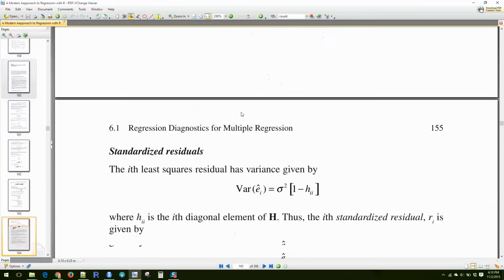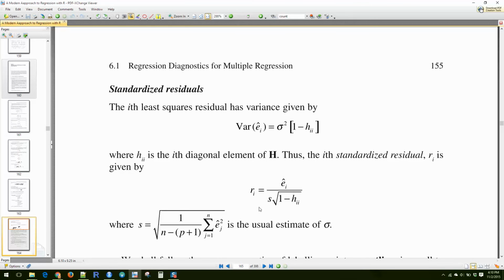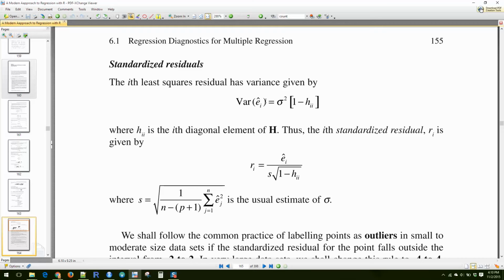All right, and so if we're looking at individual points, we get rid of the I and turn it into a 1 and a little h. Thus the square root of this, our standard deviation, would just be sigma times the square root of 1 minus h.